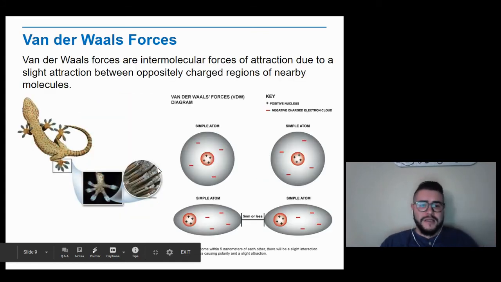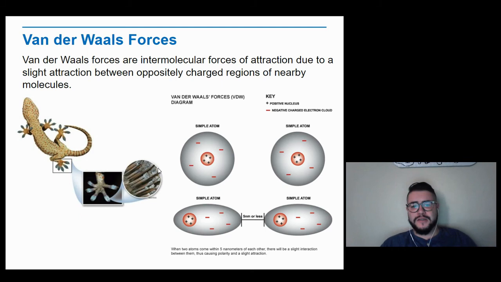The final thing we were discussing is something called van der Waals forces. If you've ever seen a gecko climb up a wall, it has what are called adhesive toe pads. Adhesive toe pads work because of van der Waals forces. Van der Waals forces are intermolecular forces of attraction, similar to a magnetic attraction, which you see in an ionic bond.